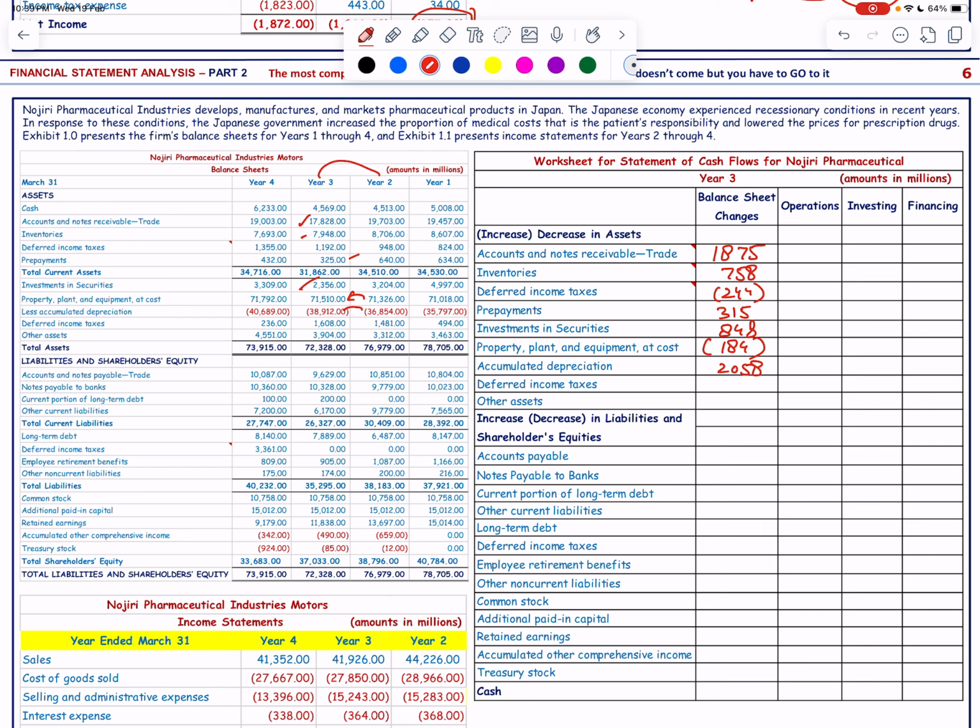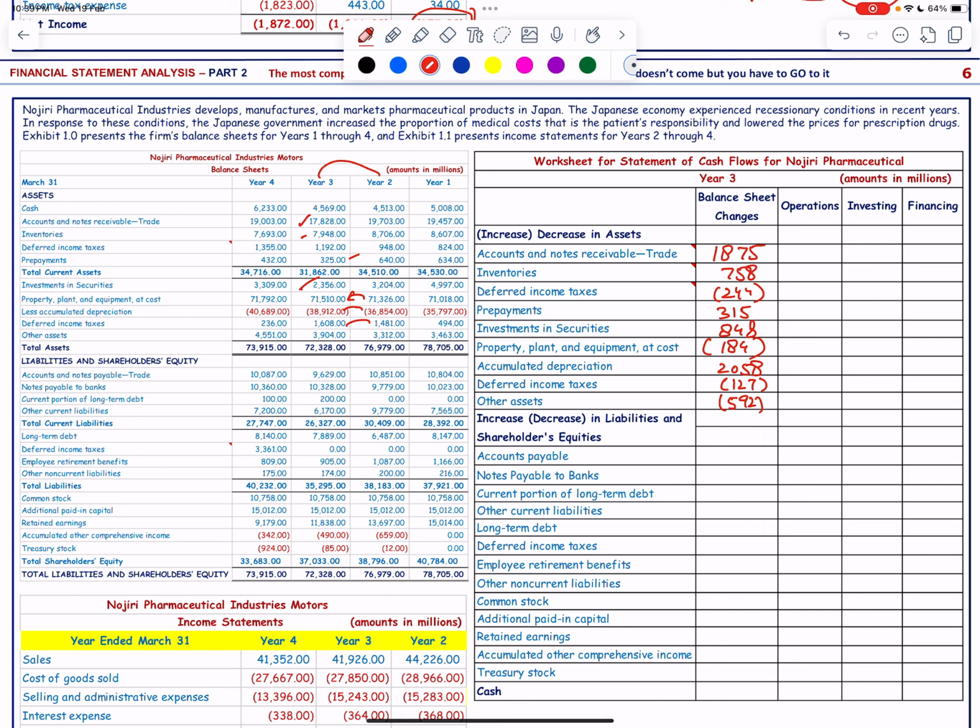Deferred income taxes, you can see again now this is an increase, will be put in bracket 127. Then we have the other assets as 592. There is also an increase.